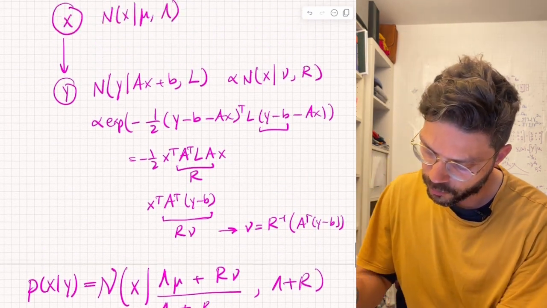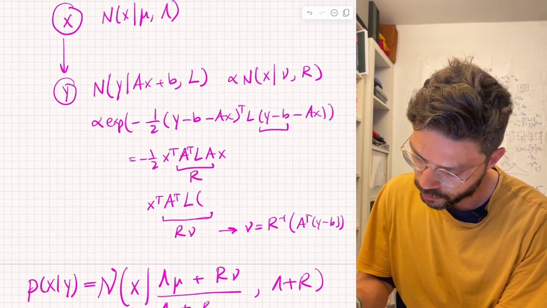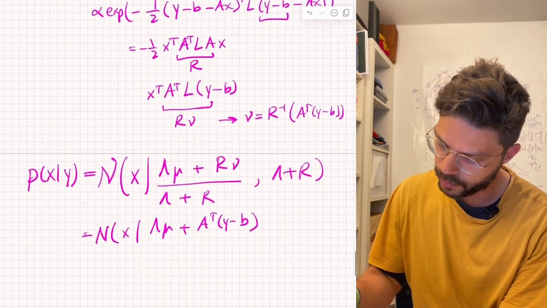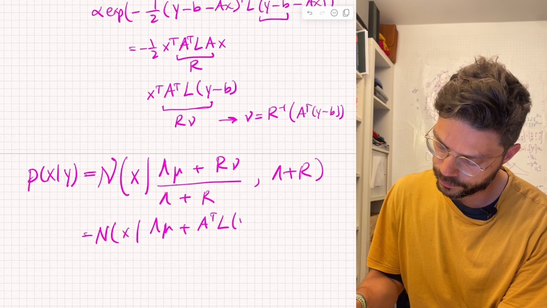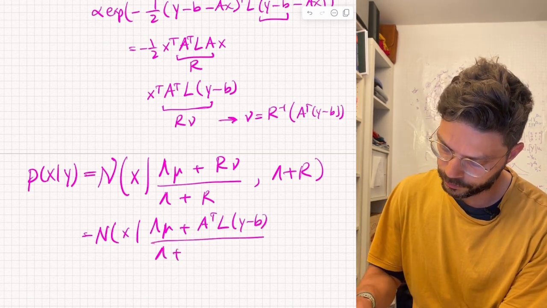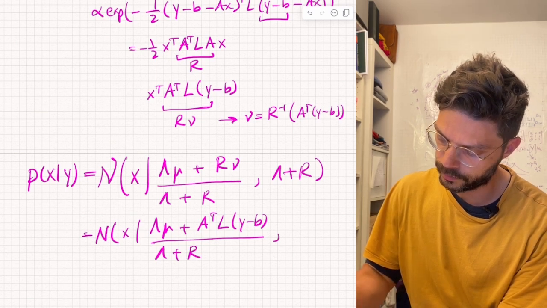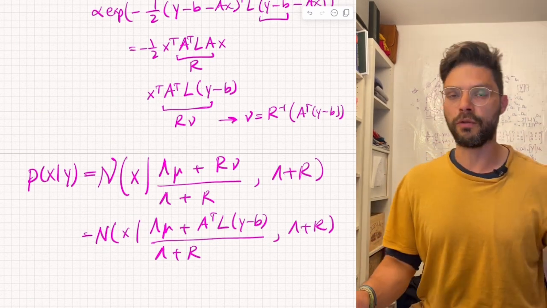Sorry, I forgot something. I was like, where'd the L go? It should actually be L times y minus b. There we go, much better. Okay. Over, and then there is a precision. So now, of course, what does over mean when you have matrices?